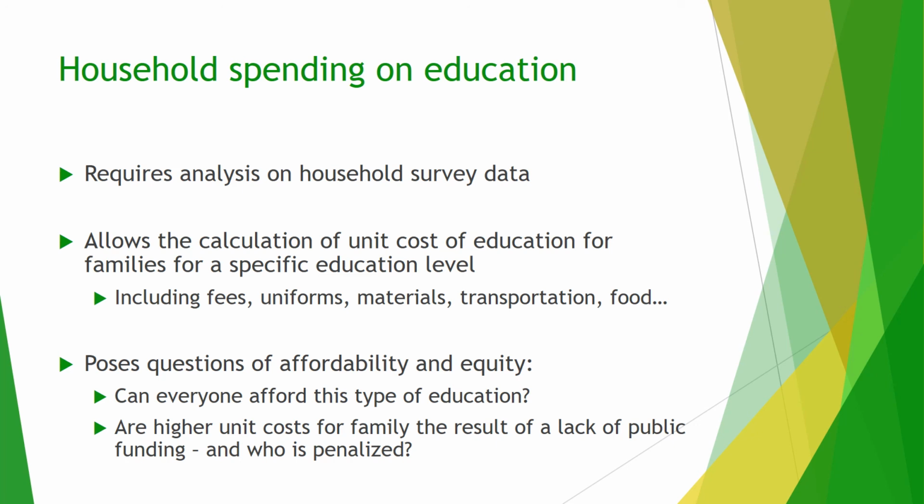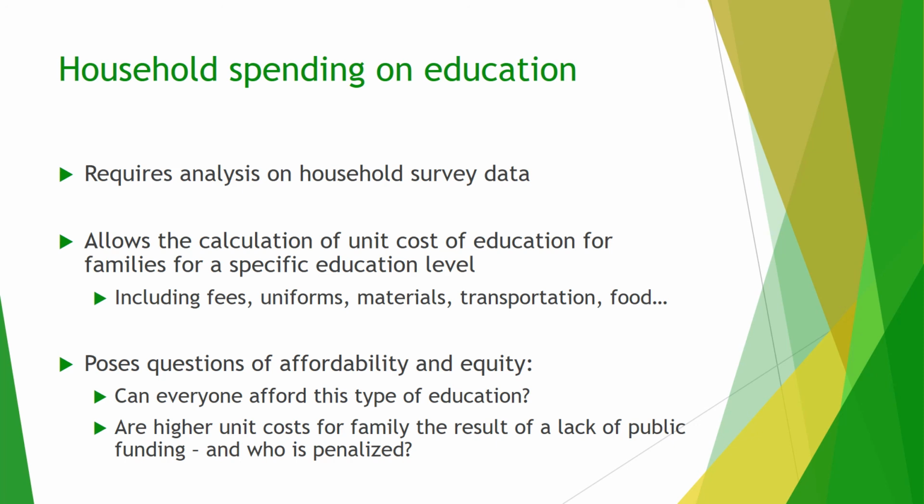We can oppose general secondary, for instance, to vocational secondary. Or we can oppose one form of teaching, one location to another, etc. So by calculating the cost for a family, we can get a sense of how affordable it is for a family of different levels of wealth to use these education services.